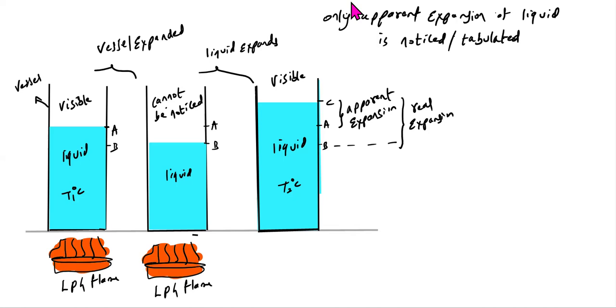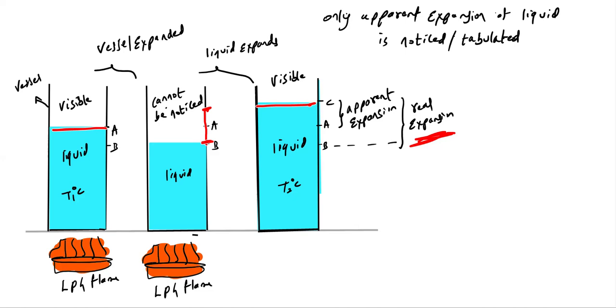The real expansion means the liquid actually expands from B to C. This is not visible. The initial level of liquid in the vessel is at A, and after raising the temperature to T2, only this much is what we have here. So how to measure the real expansion of liquid?